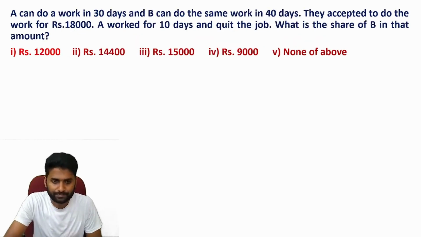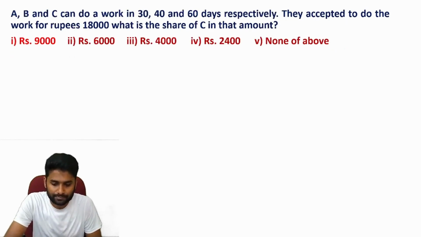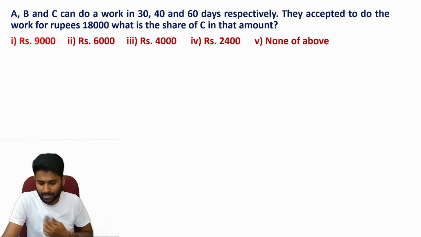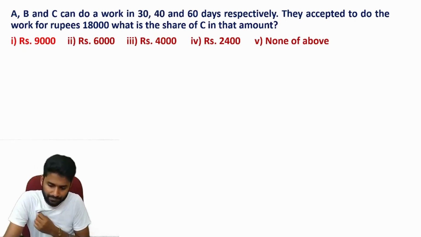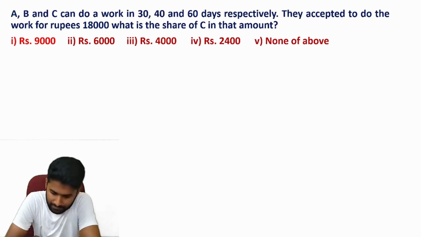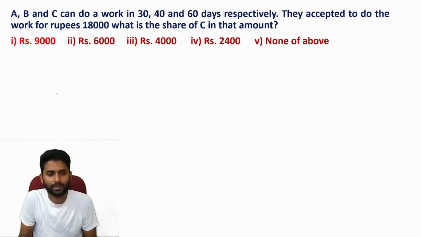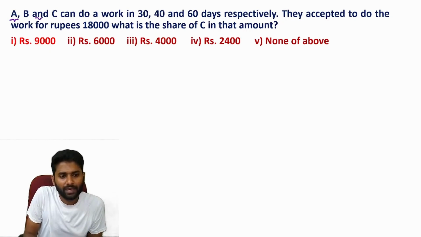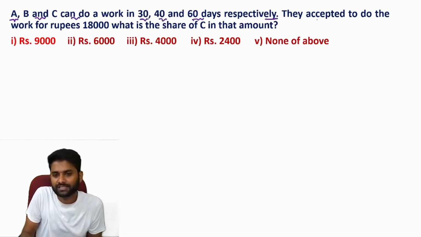Next. That is the question. A, B, C can do a work in 30, 40, 60 days respectively.